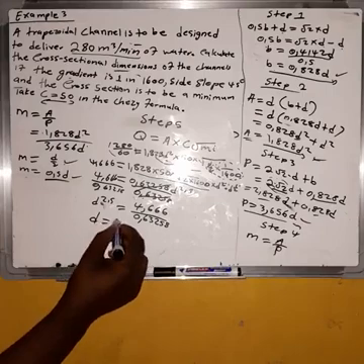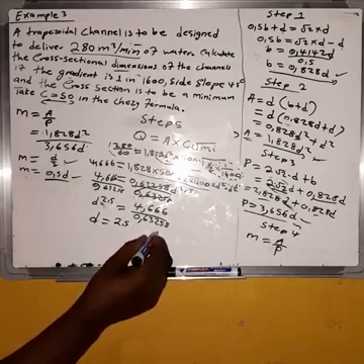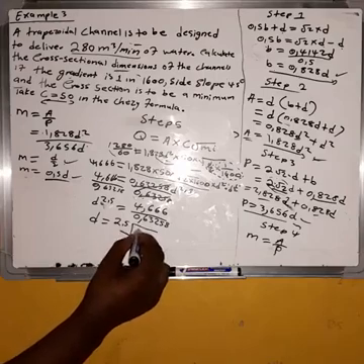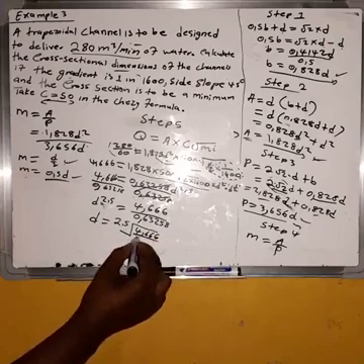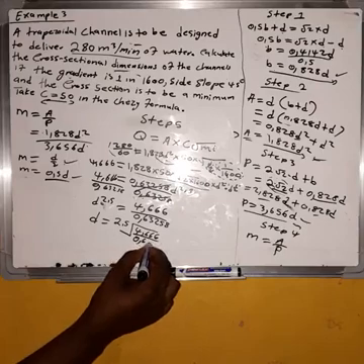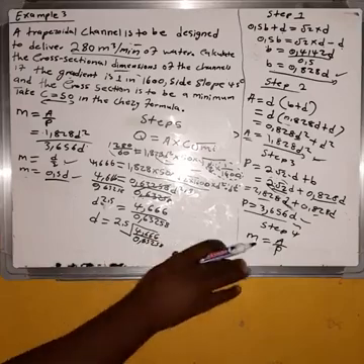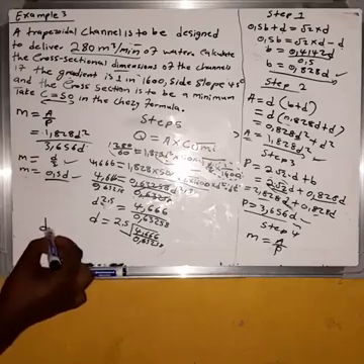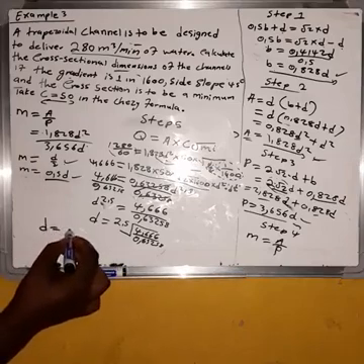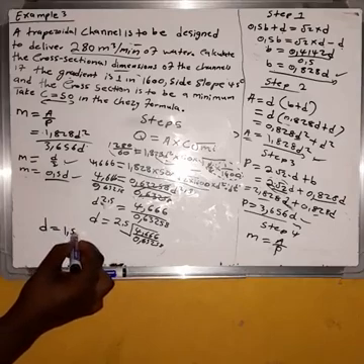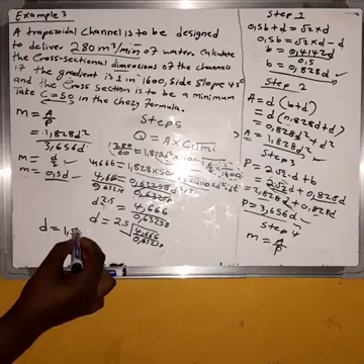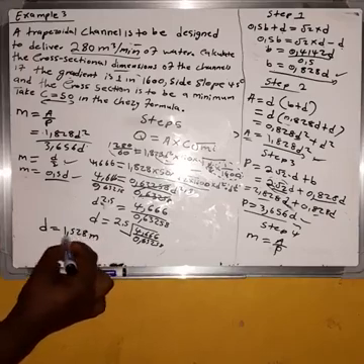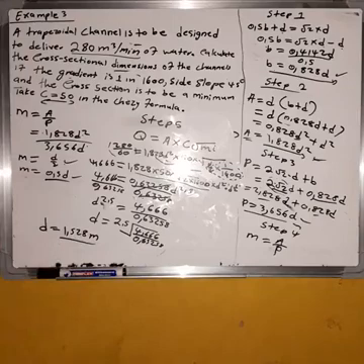Take the 2.5 root of 4.666 all over 0.63258. Punch that on your calculator. Supposed to get D must be equal to 1.528 meters. Right, it's the depth, that one.